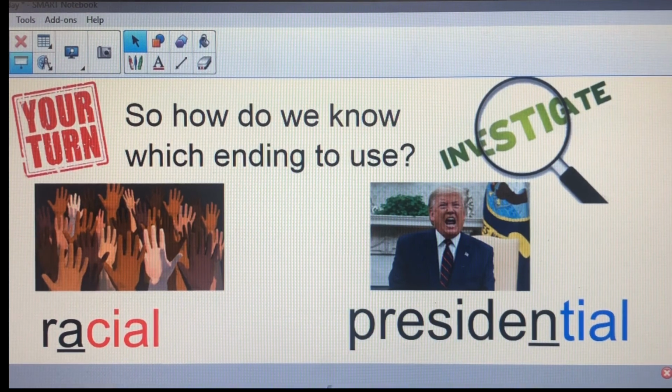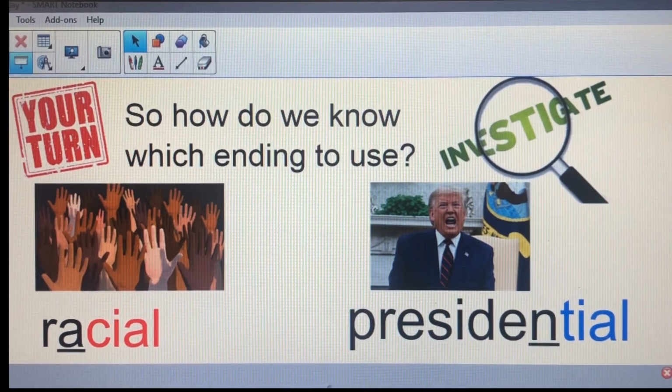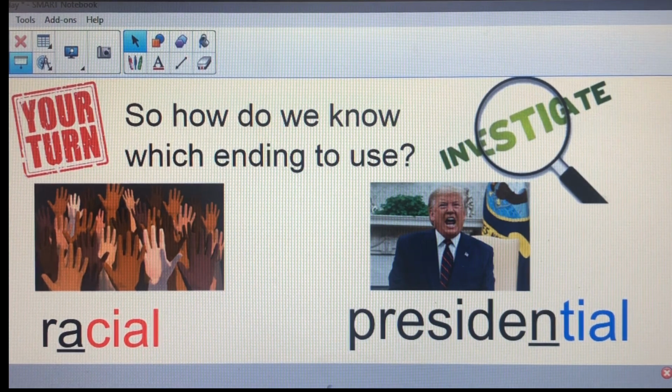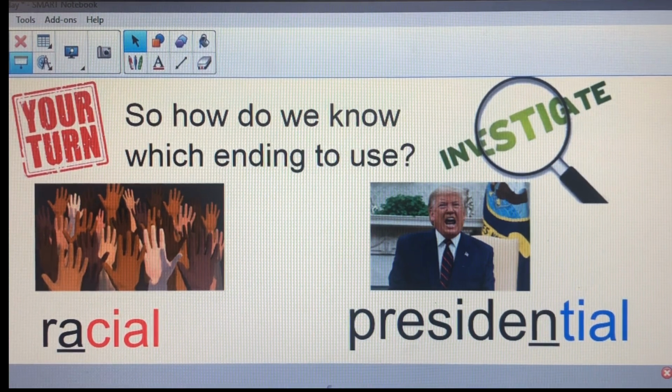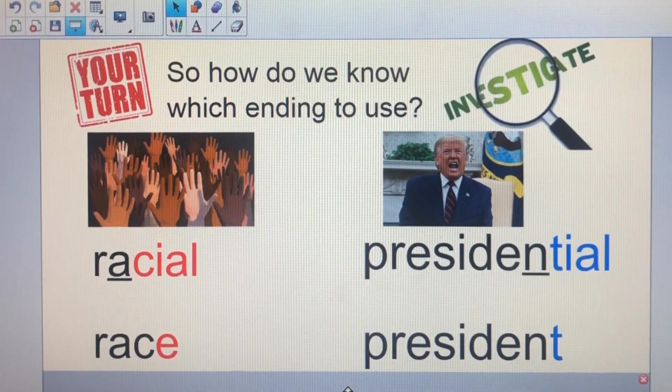The other picture, which I know we would all recognise, the President Trump, and the word is presidential. Now look very carefully because I have colour-coded the endings and I have also underlined certain letters. So investigate. What does that tell us about the rule for using the shul ending? Now have a look at the root word. Does that give you a clue?